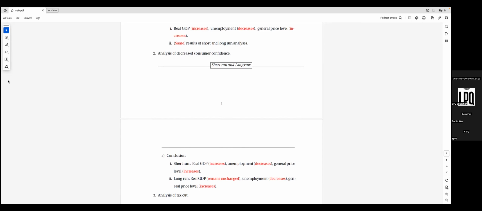Okay, the second thing, we still separate the short run and long run analysis. So the left hand side is, once again, short run analysis, and the right hand side is the long run analysis. Short run analysis uses the short run AS, the upward sloping curve, and AD is here. The long run AS is here, and AD is here.